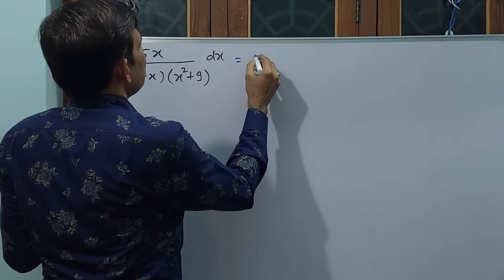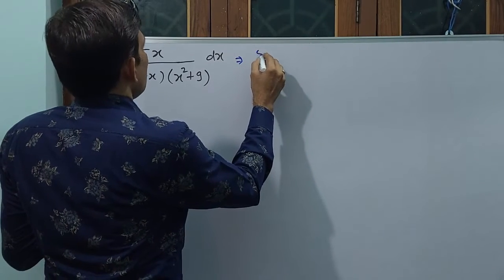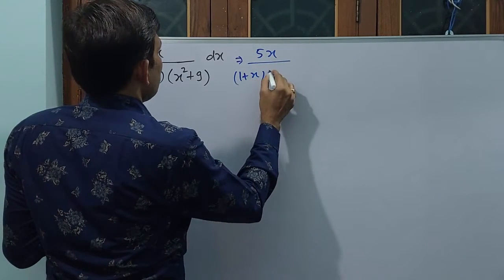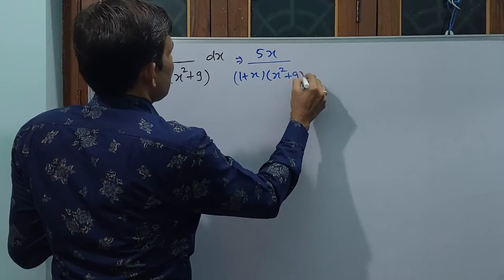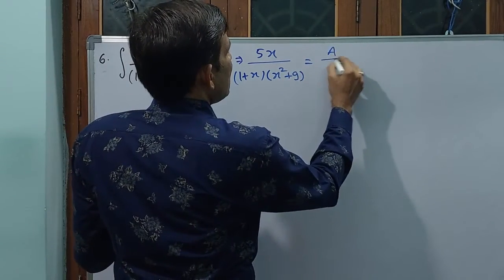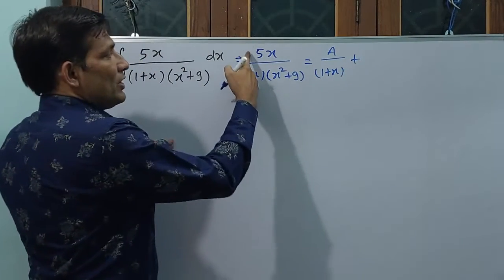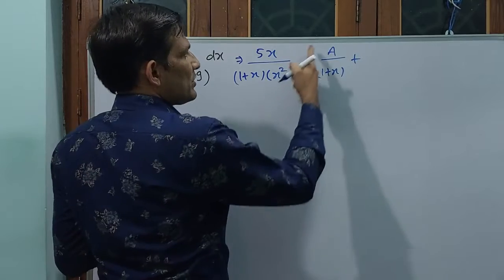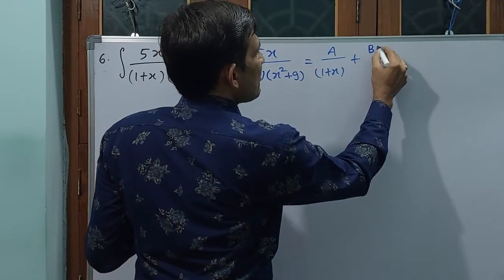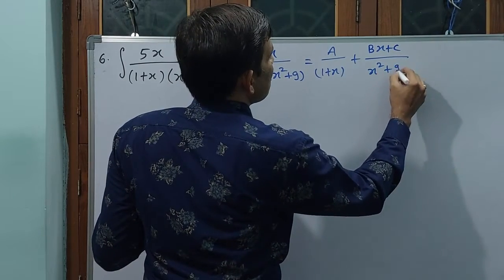That implies 5x divided by (1 plus x) into (x square plus 9). I am converting it as A by 1 plus x, that means constant by linear, plus linear by quadratic, that means (bx plus c) divided by x square plus 9.